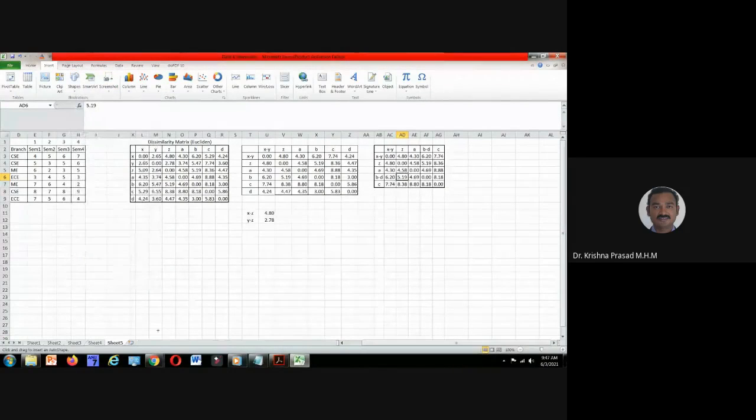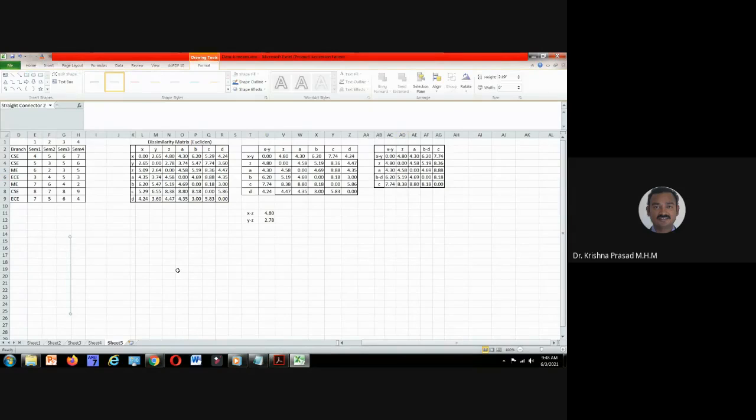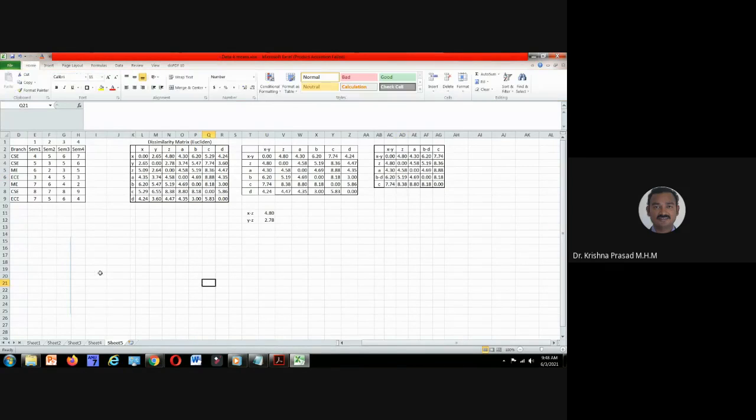I am drawing from 15th cell onwards vertically. What is the maximum value you observed? 10 units, na? Say 15 to 25. This is random. Don't worry about this. Means each one cell is 1 unit.